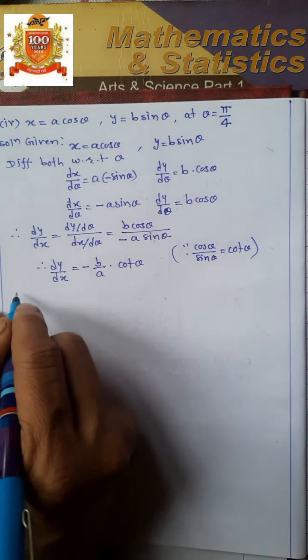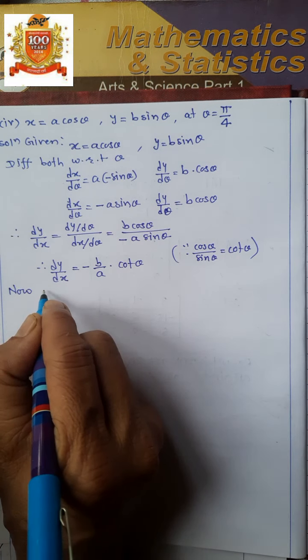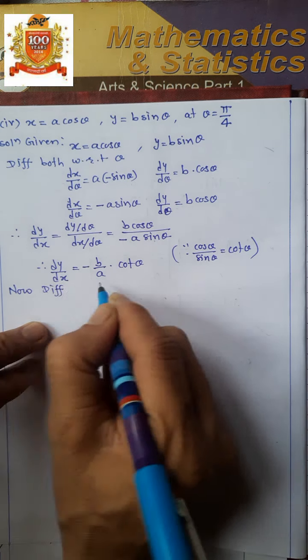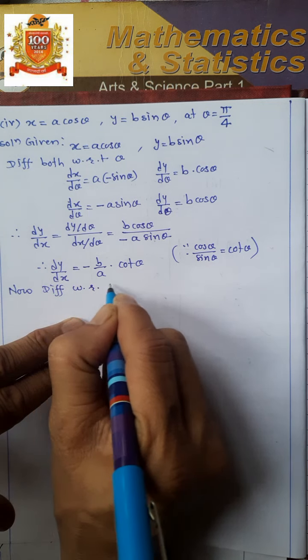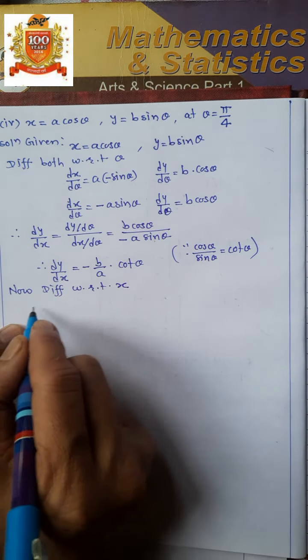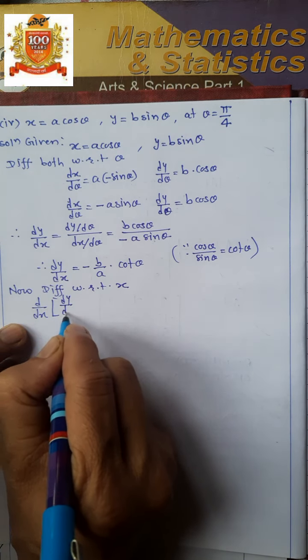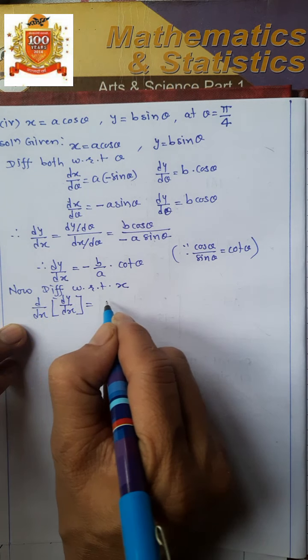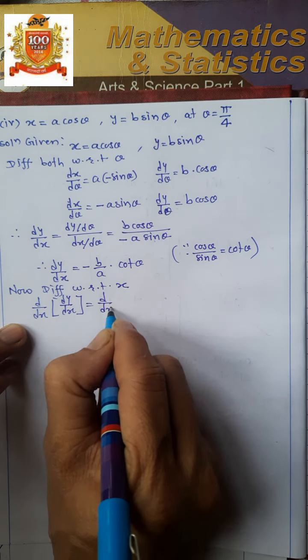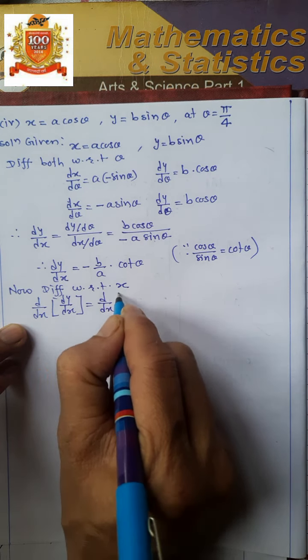Now, differentiate with respect to x. d dx of dy by dx is equal to d dx of minus b upon a into cot theta, which gives d2y by dx square is equal to minus b upon a, constant.